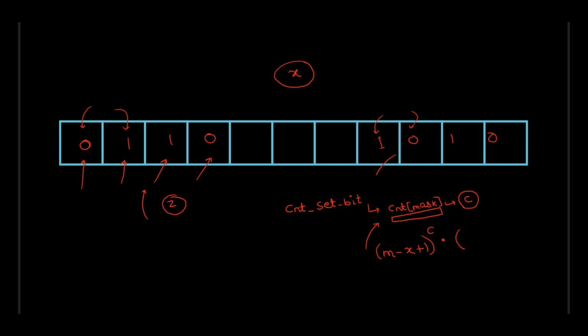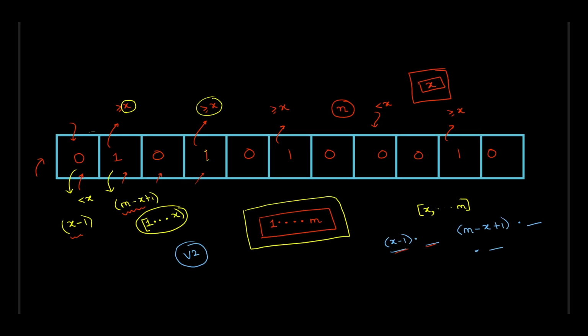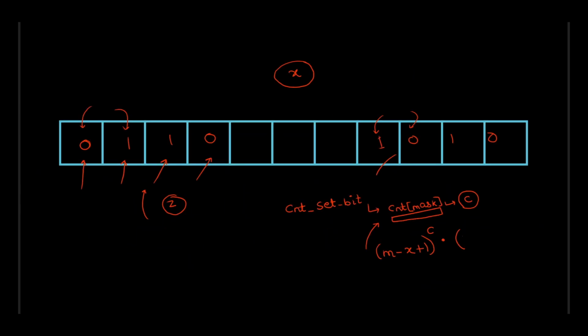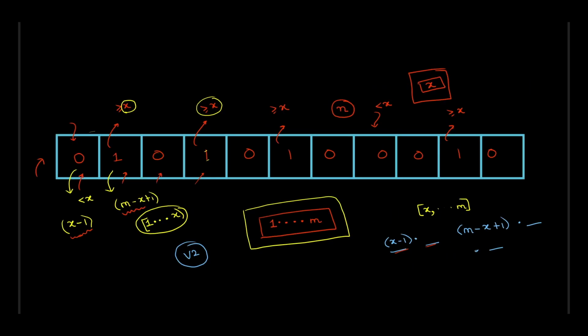And at the remaining positions, you can only take x minus 1 choices. So the remaining positions would be x minus 1 to the power of the remaining slots, which is n minus C. So this is the answer for a fixed bit mask. You can see that previously we solved the case for a fixed bit mask in O of n by traversing the entire bit mask.